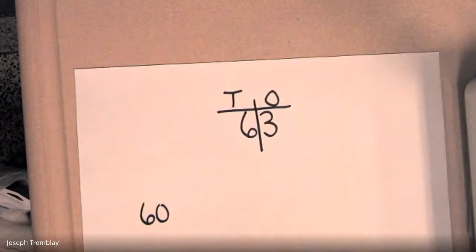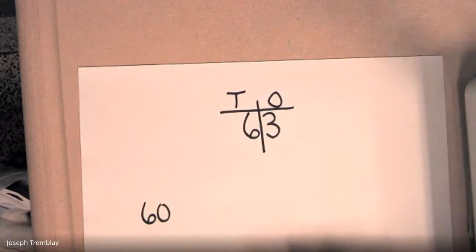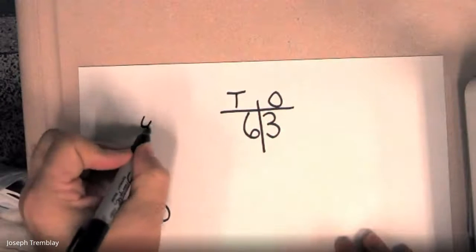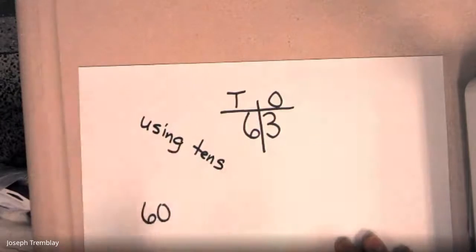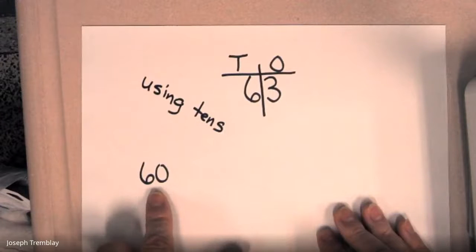Now I want to find my midpoint using the tens. So I have my 60, and all I'm going to do is add 10 to 60.